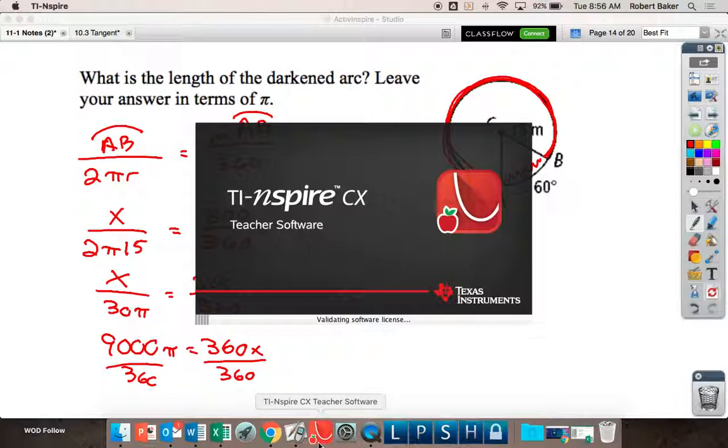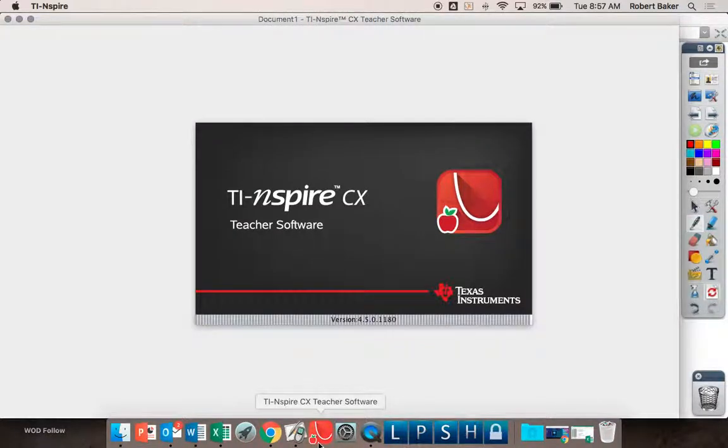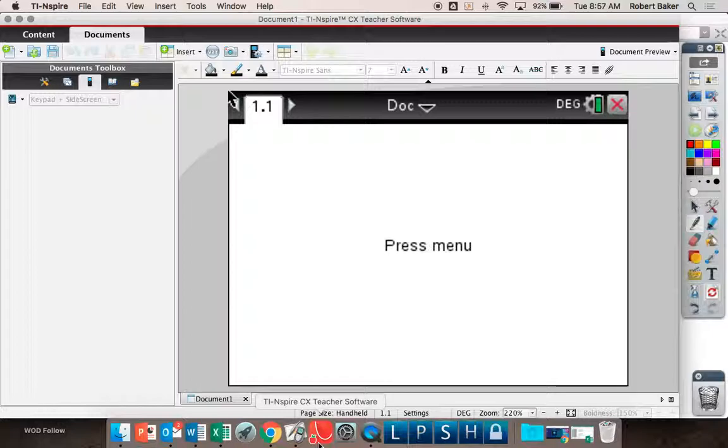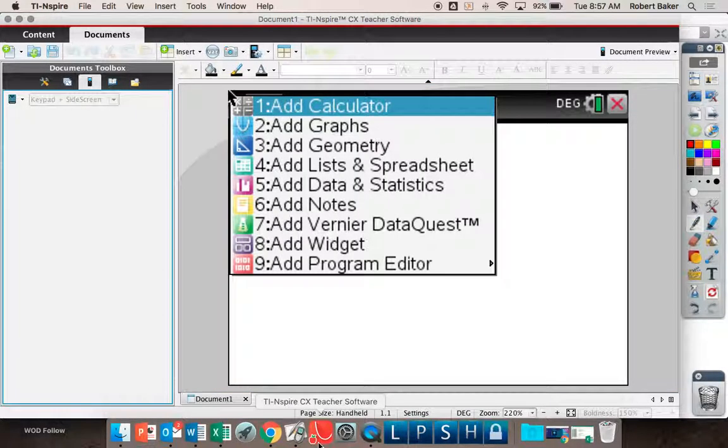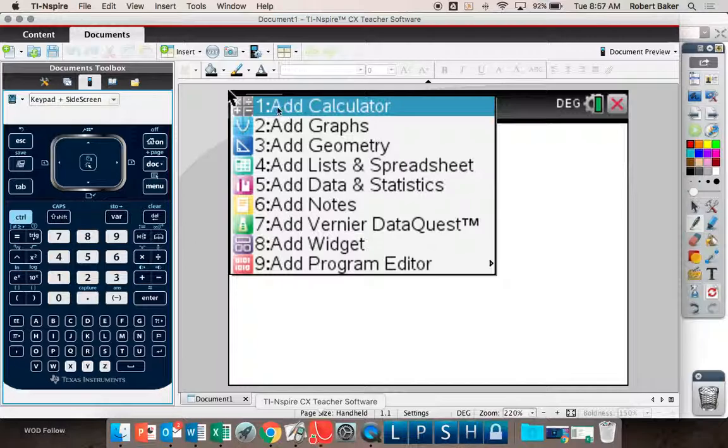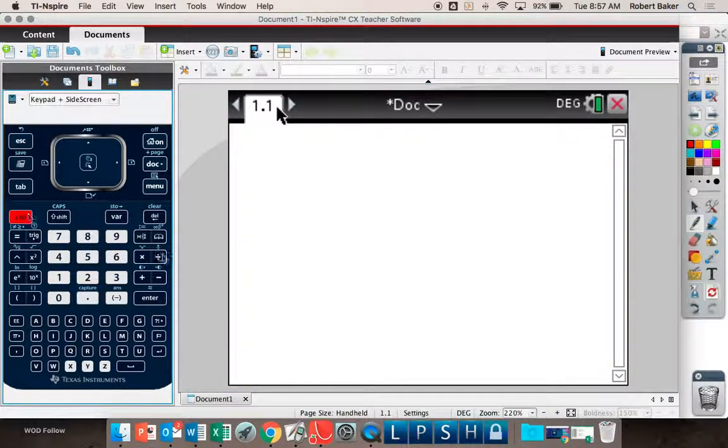Does it work both ways? I do control divided by and do 9,000 over 360, and it gives me 25.